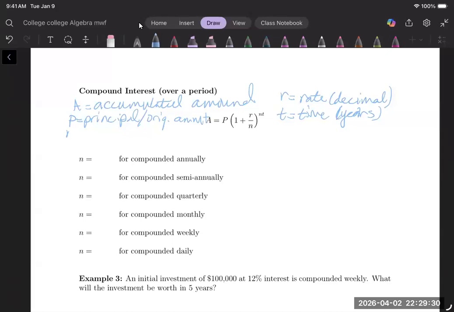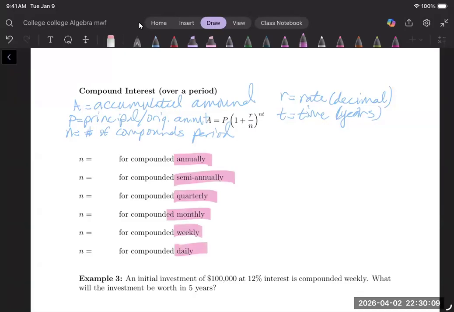Then N is the number of compounds per period. You're going to know what your N number is based on what word is in the word sentence.